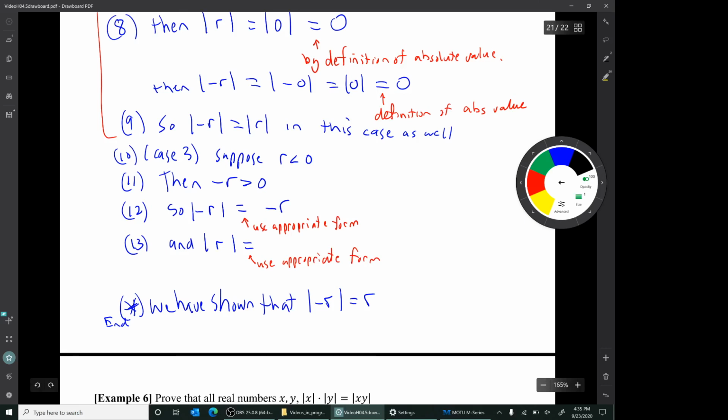Well, look, in this case, the thing that's inside the absolute value is known to be less than 0. So when we take its absolute value, we do it by taking the negative of the thing inside. So look, in this case, we can see that the absolute value of negative r and the absolute value of r are the same. They're both equal to negative r.